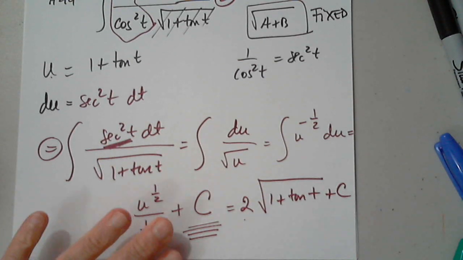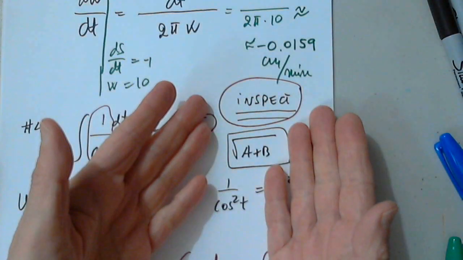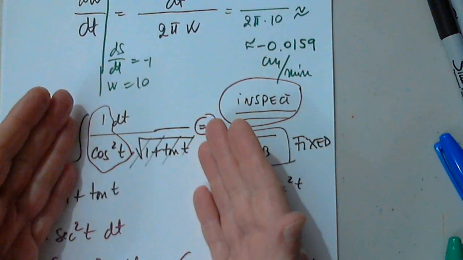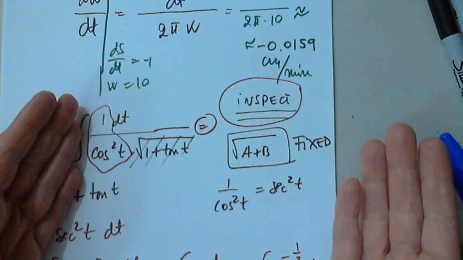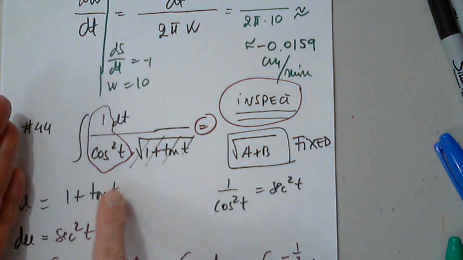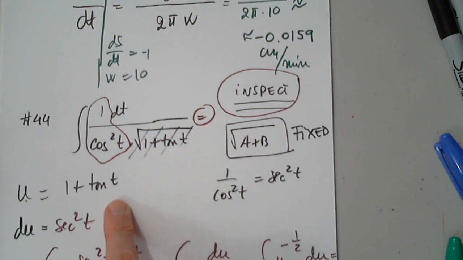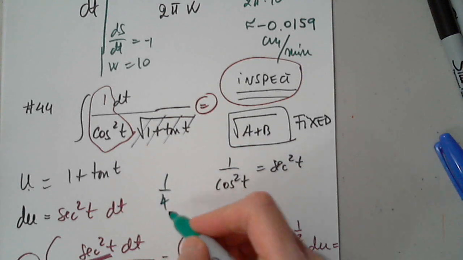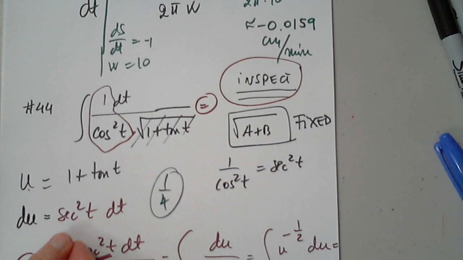So always, before you do anything, inspect, simplify, factor, whatever. So look at this and say, oh, okay, this is my problem. If I use this, then du is secant squared dt, but how do I get the secant squared? Because again, if I have 1/4, I can deal with it. But how can I deal with secant squared?